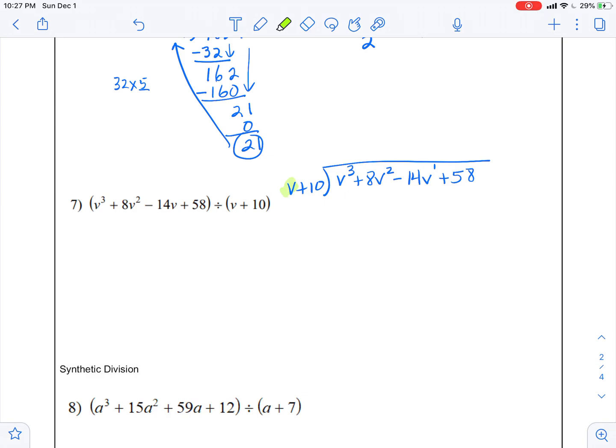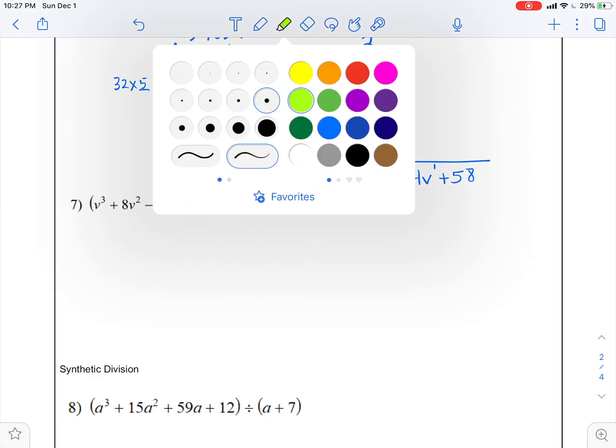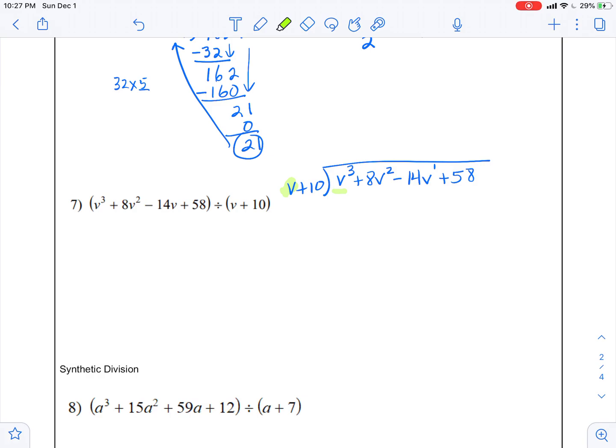What do I need to multiply v by to get v cubed? And hopefully you know that that is v squared. If you don't, we're doing a division. V cubed divided by v would be v squared.